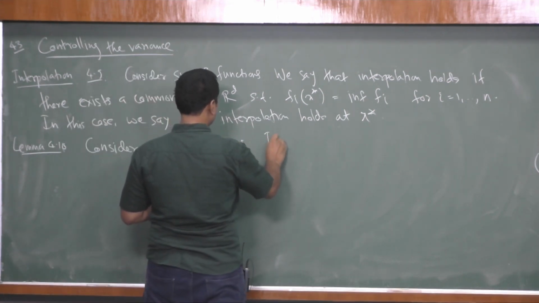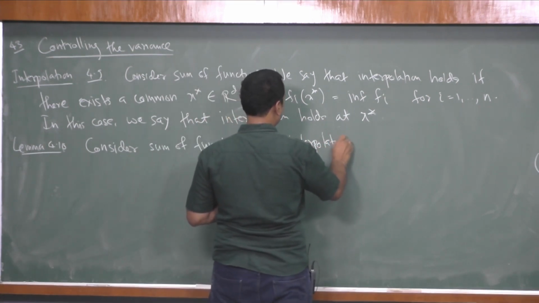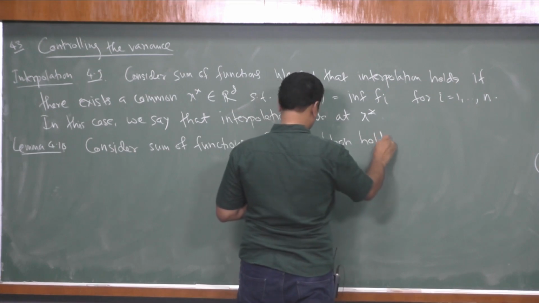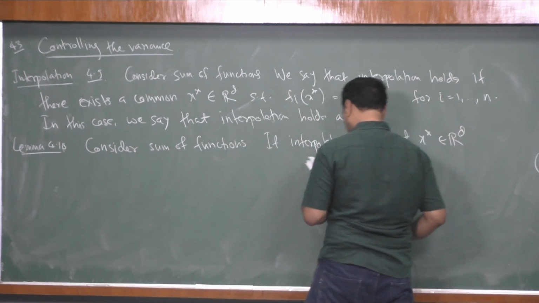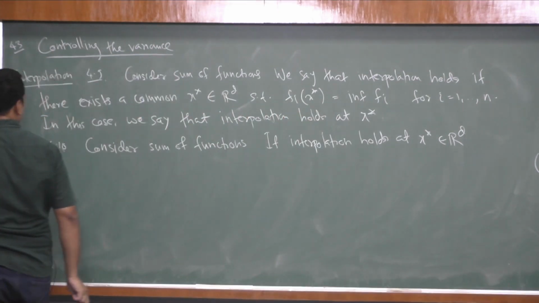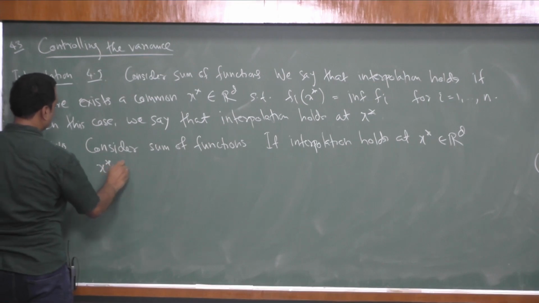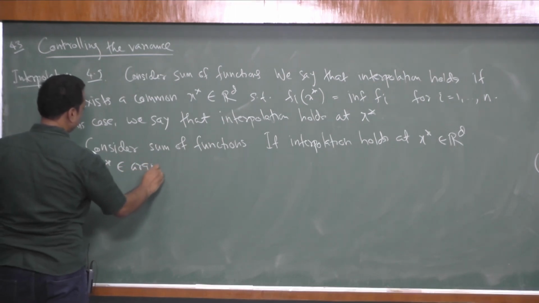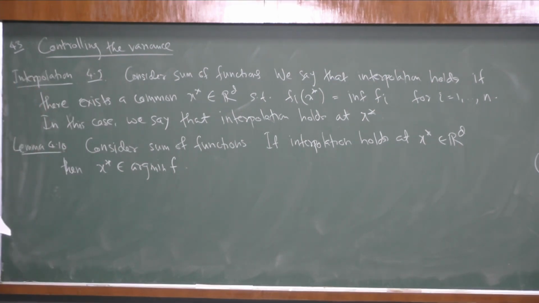If interpolation holds at x star in R^d, then x star becomes a minima of f. Then x star is in the argmin of f. In other words, a minima of the F_i's is also a minima of the f. So let us prove this.